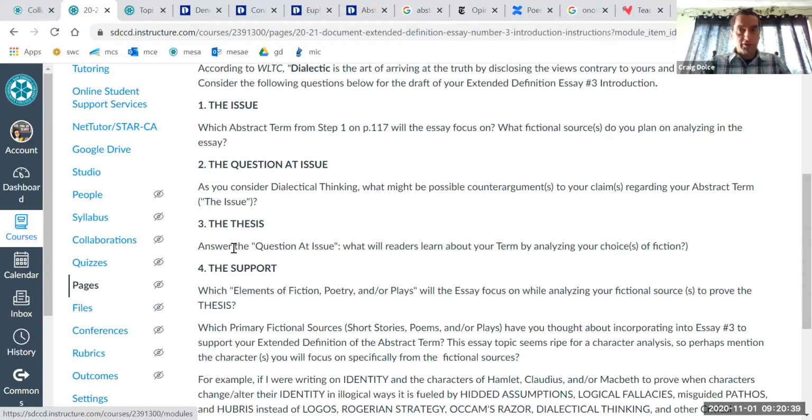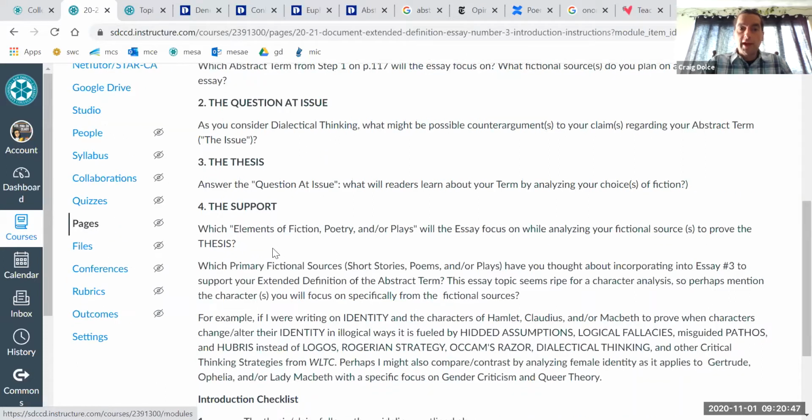So again, you want to structure, follow the guidelines in the book, use those guidelines to help you construct your intro paragraphs. Now, for the support, what elements of fiction, poetry, and or plays will the essay focus on while analyzing your fictional source to prove the thesis? Also, you might want to bring in your critical thinking strategies as well. What critical thinking concept terms are you going to focus on?